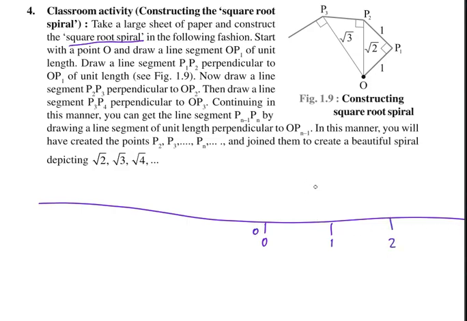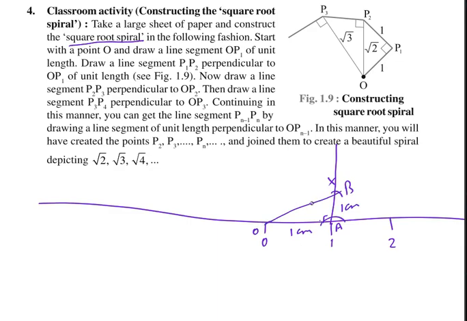At point 1, we mark A. Here we draw a perpendicular, and over this perpendicular we mark an arc of 1 centimeter, and mark it as B. If we join, we get a right angled triangle, so OA is 1 centimeter and AB also 1 centimeter.